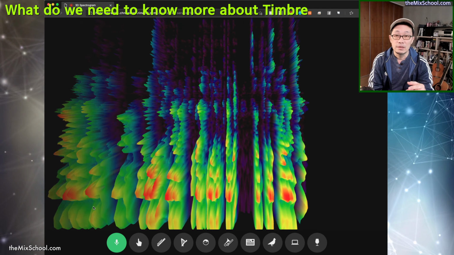Timbre is the shape of sound, right? The shape of the sound that we are listening to or controlling. So I'm not just going to talk about the equalizer only, but we gotta think about the whole envelope in three dimensions.